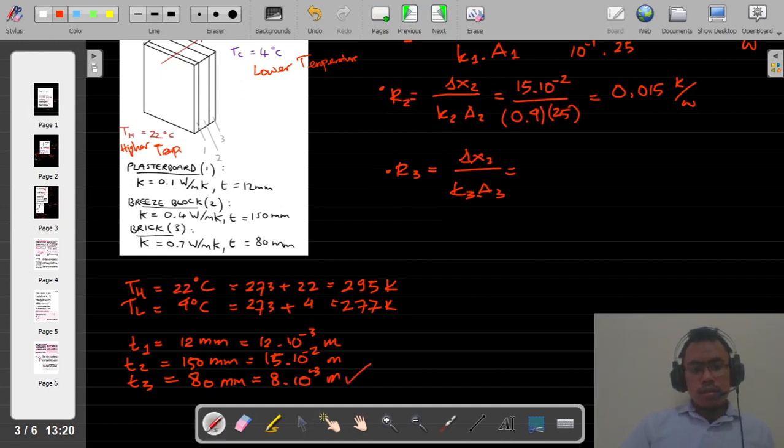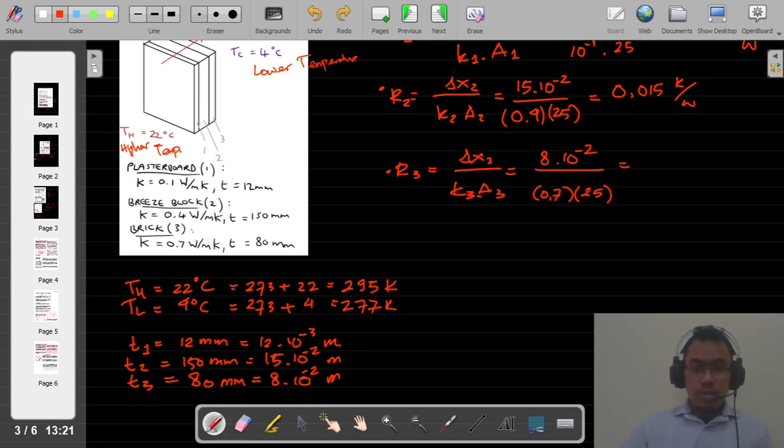And then for the third R, the third thickness is 8 times 10 to the power of minus 2, because it is 18, so I will change this. And then the K is 0.7, and A3 is 25.